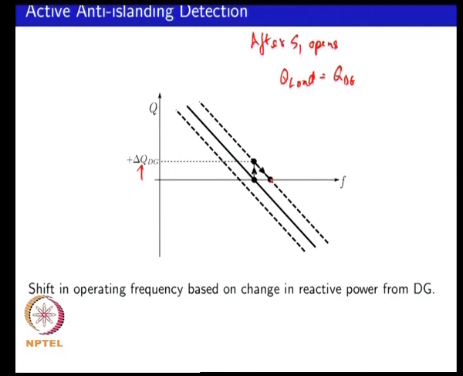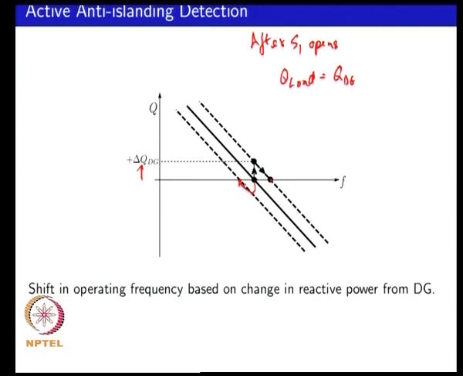Similarly, if you have a drop in reactive power, then your operating frequency would come down to a lower value. So it is possible to shift the operating frequency of your island based on adjusting the amount of reactive power that you are injecting from your DG.